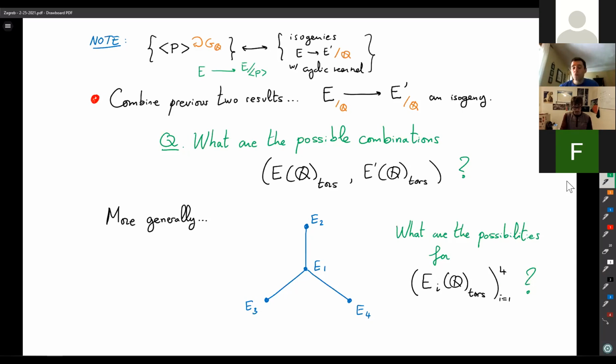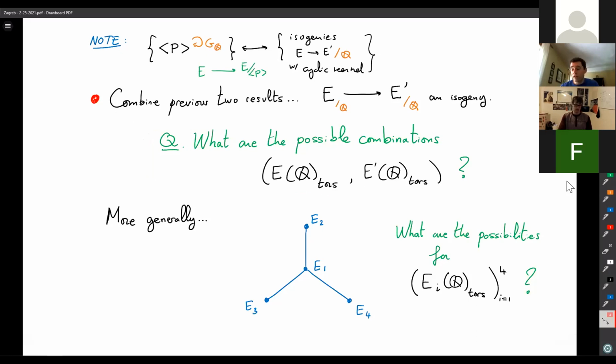If you have an isogeny defined over Q, then now you have two possible torsion subgroups, the torsion subgroup of E and the torsion subgroup of E prime. So the question was, what are the possible combinations of the pair of torsion subgroups for E and E prime?